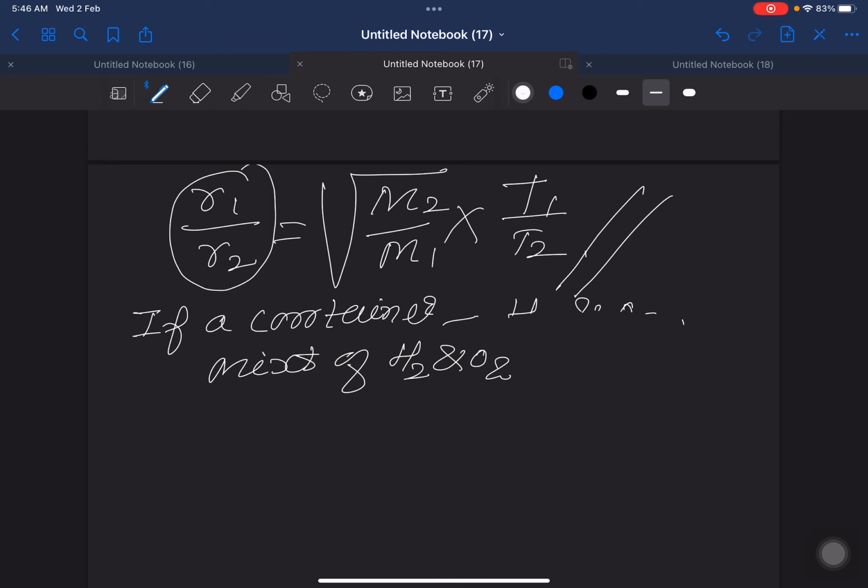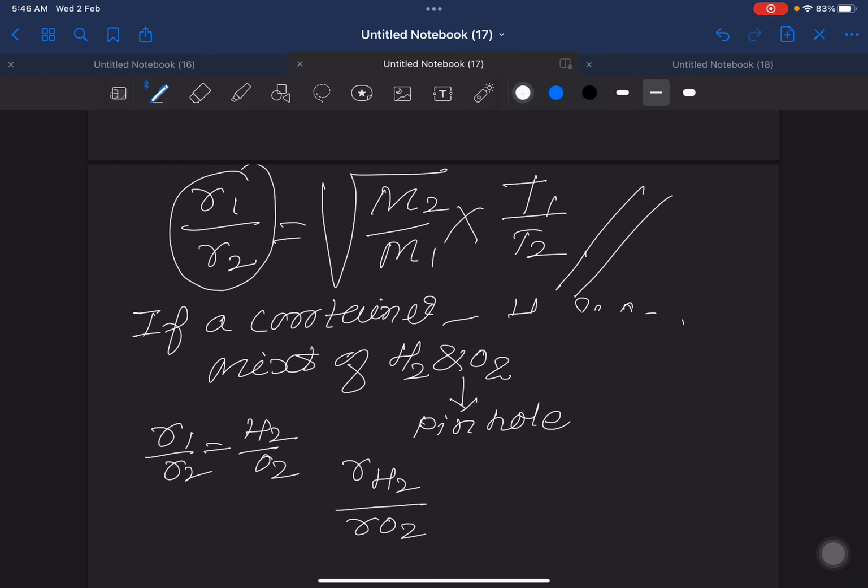They are coming out through the pinhole. Find out the ratio of rate of H2 and O2. ठीक है. तो रेशियो ऑफ H2 अपॉन रेशियो O2 इज इक्वल टू molar mass of O2 upon molar mass of H2.